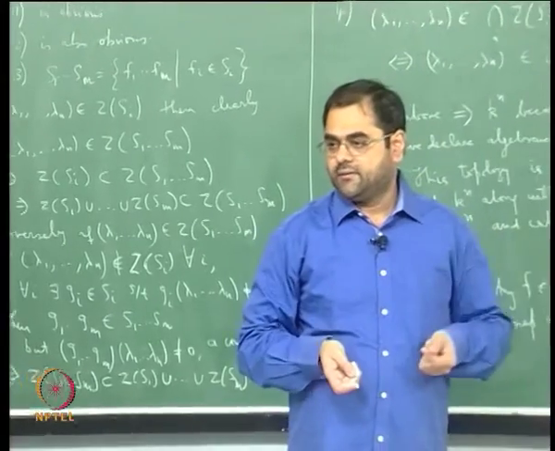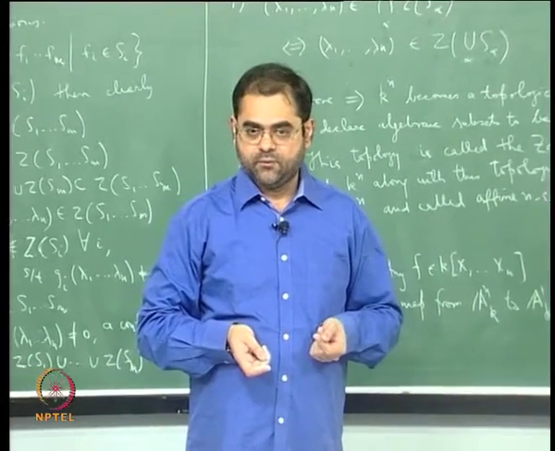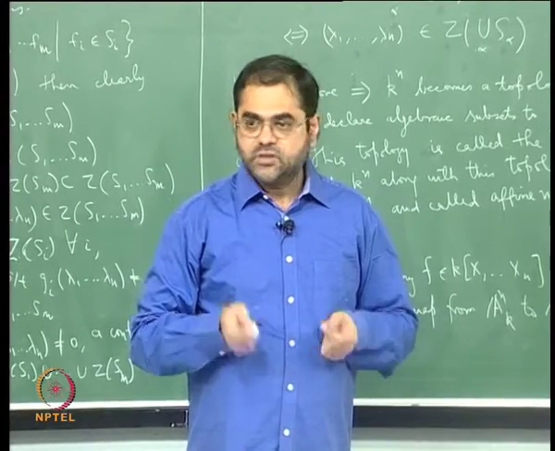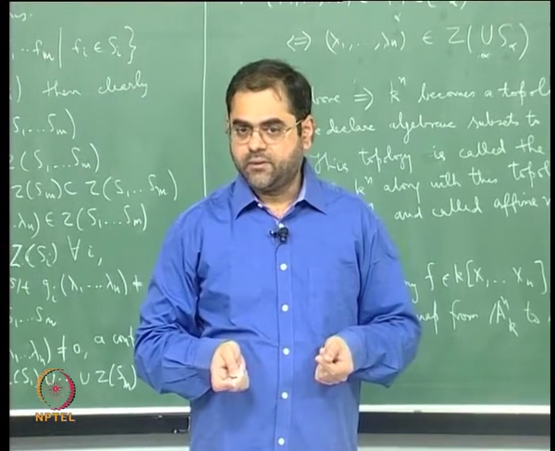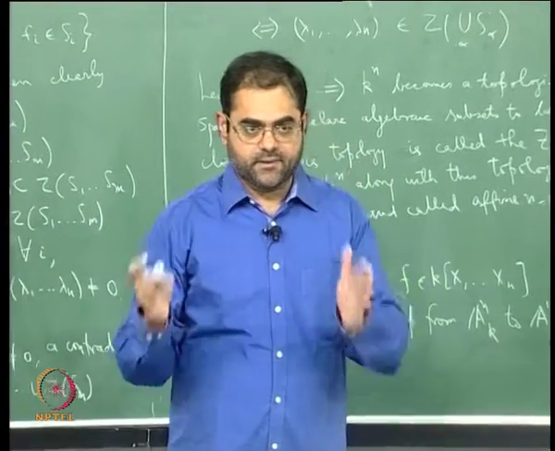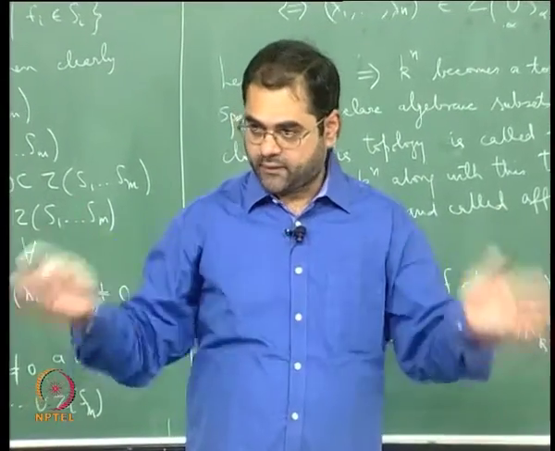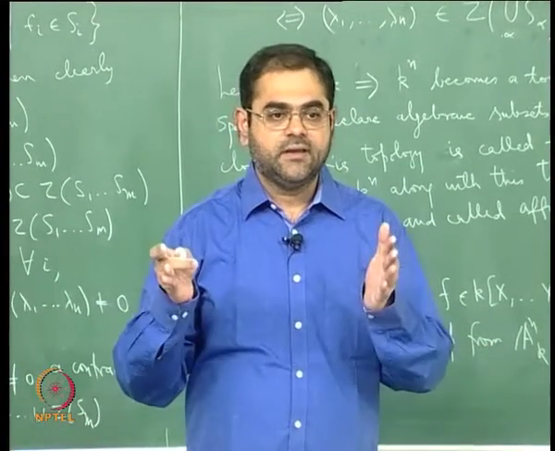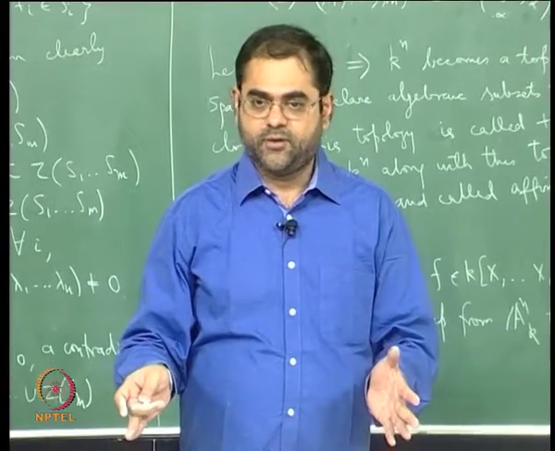If at all you get a 0, which you will, so long as the ideal generated by that subset is not the whole ring, then you are actually studying only the common zeros of finitely many polynomials.